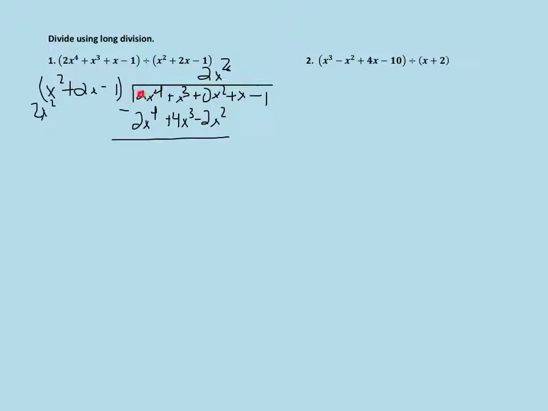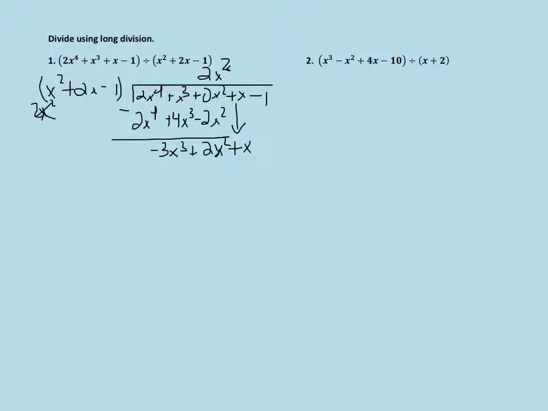Now you go 2 minus 2 is 0. 1 minus 4, negative 3x to the third. 0 minus negative 2, plus 2x squared. Bring down the x. Cross it off.